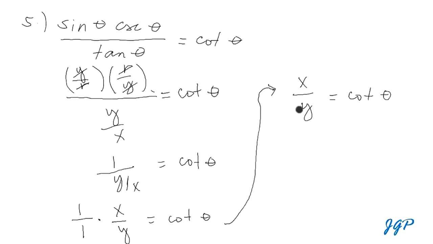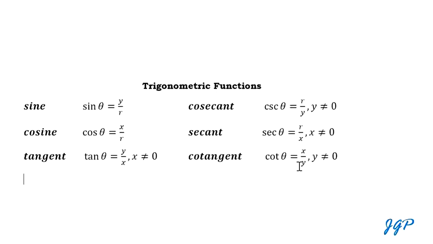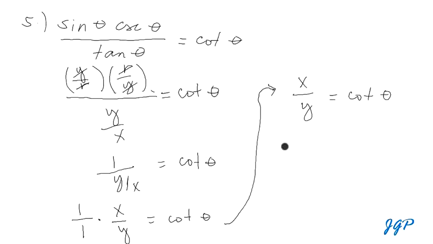And if you look at our definition of trigonometric functions, ang x over y natin ay cotangent theta. So this one is cotangent theta. They are now equal sa ating right side. So we have now a true statement.